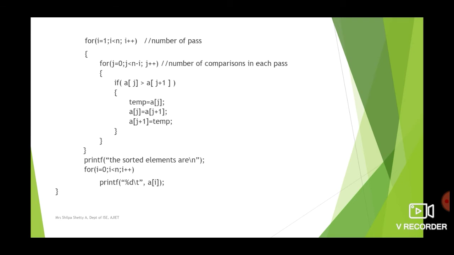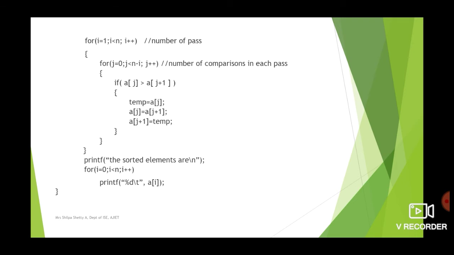Now, the second for loop indicates the number of comparisons in each pass. As I told you, in the first pass we will have 4 comparisons. In the second pass we have 3 comparisons, third pass we have 2, and fourth pass we will have 1 comparison. So the second for loop tells how many comparisons are there in that particular pass.